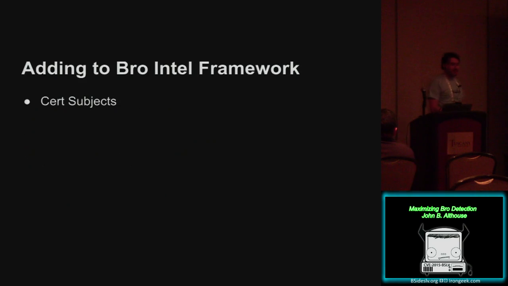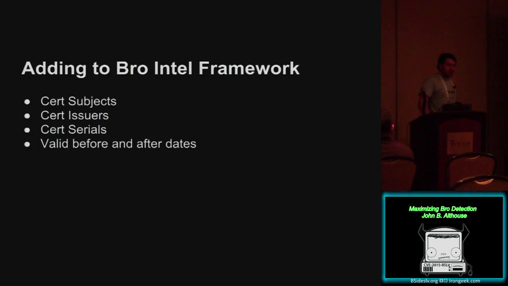So, adding some of these SSL parts to the Bro Intel framework, some things that could be useful: you could add the cert subjects to the Bro Intel framework. Maybe your threat actor is always using the same subject or the same style subject. Issuers, the cert serials, valid before and after dates. Let's say your threat actor created all of his certs on the same day.